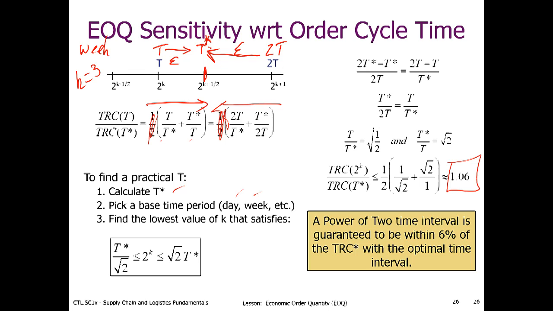And so you know the t star, you do t star divided by square root of 2, and square root of 2 times t star, and you find 2 to the k times your base time period, whether it's a day or a week or a month, that falls between those. And then that's what you use, and you're guaranteed to stay within 6% of the ratio of the relevant costs.